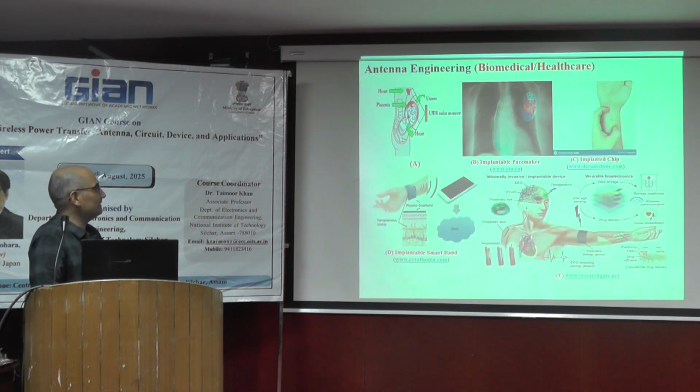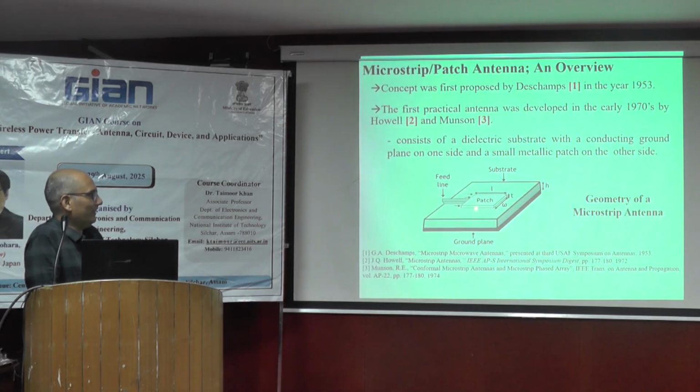Let's conclude these two slides in a simple way. We have a simple form of printed antennas. The concept was very old, proposed in 1953 by Deschamps, and the first prototype was fabricated by Howell and Munson in the 1970s. There is a huge gap of around 17 years because no fabrication facilities were available at that time.